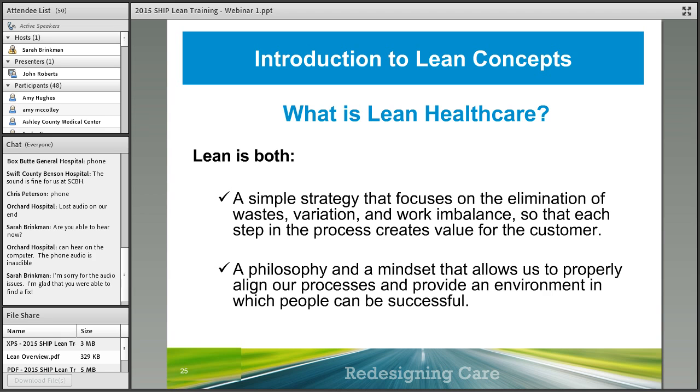We saw larger urban hospitals using lean, and we saw that they were getting some tremendous results. So we wanted to see how that would work in a smaller rural hospital that didn't have the numbers of people, money, and resources to implement that.